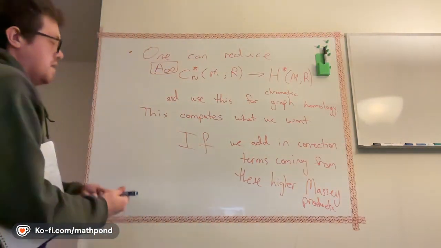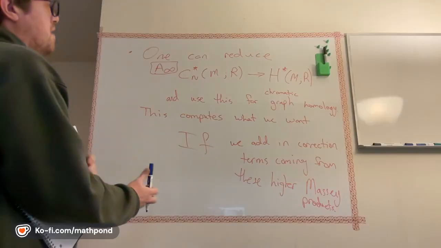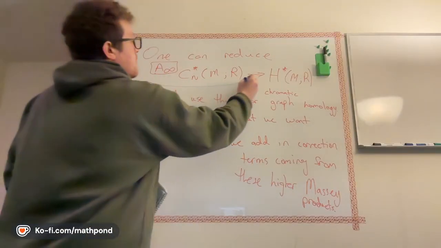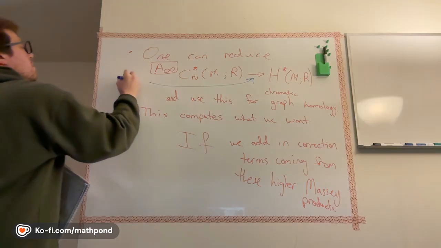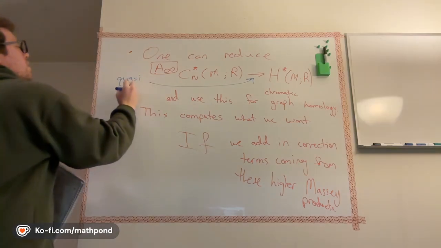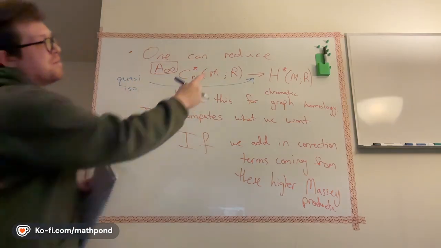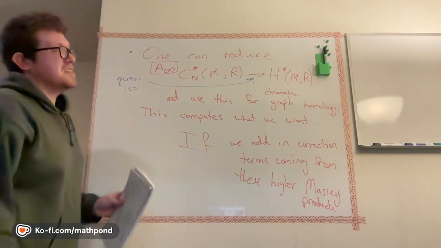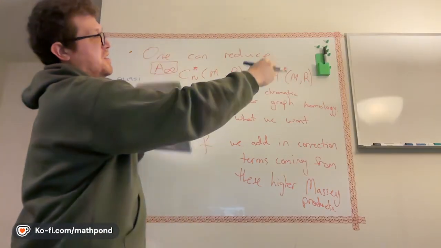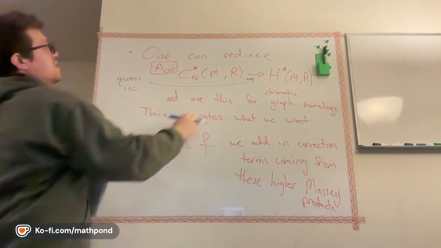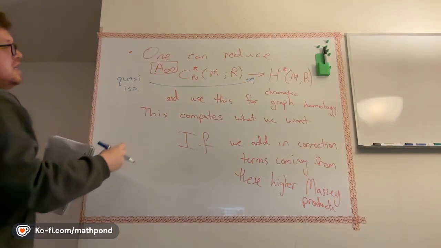So this quasi-isomorphism here of A infinity algebras, I'm writing it as one line, but there's actually this notion where you can connect them with this zigzag structure. So I'm being a little informal here, but just take my word for it.